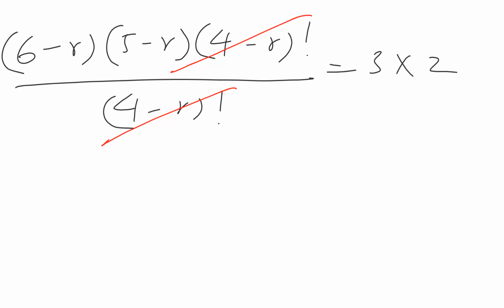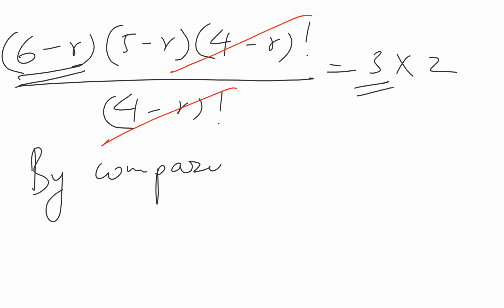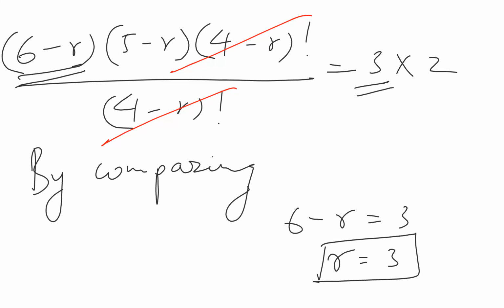So the greater term over here is 6 minus r. By assuming the value of r as 1, you can figure that particular thing out. And the greater term on the right hand side is 3. So by comparing, 6 minus r is equal to 3, r is equal to 3.